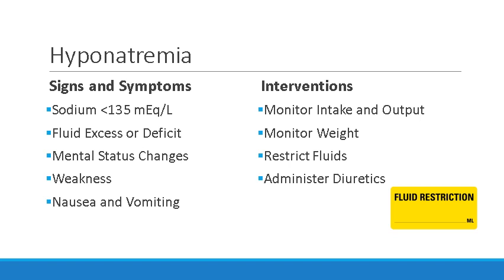At-risk individuals for hyponatremia are individuals that have really high fevers. They engage in strenuous exercise or physical labor, especially if they do that in the heat. So think of construction workers, marathon runners, individuals that are out in the summer in really high heat values, and then they're doing strenuous exercise on top of that. They're at high risk for hyponatremia.